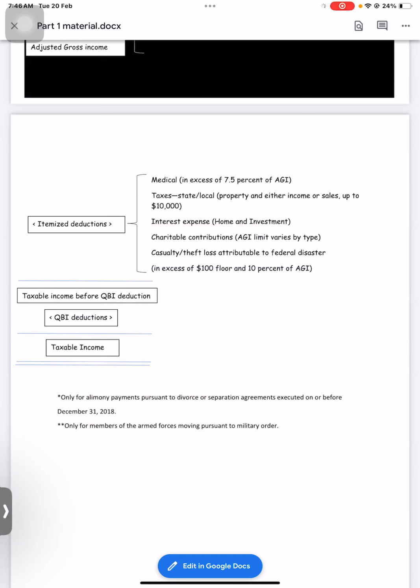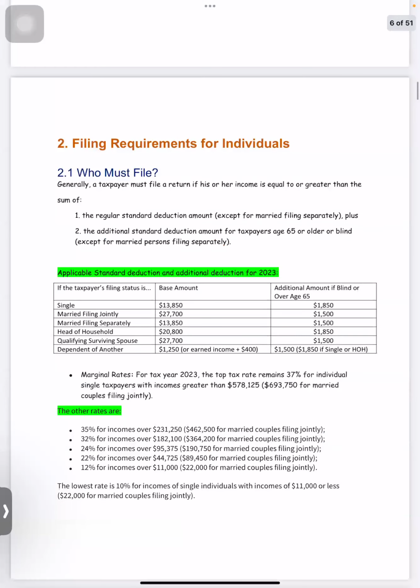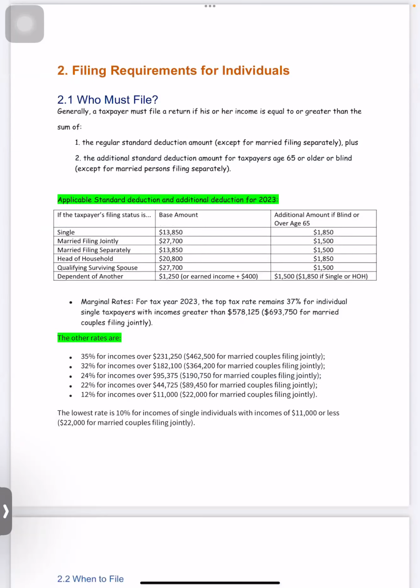Okay, so yesterday we covered the filing requirement, who must file the return. One group required to file are those whose standard deduction goes above the base amount. I have put the base amount in the book, and the additional standard deduction amount has been changed to 1850 and 1500, depending on the filing status.